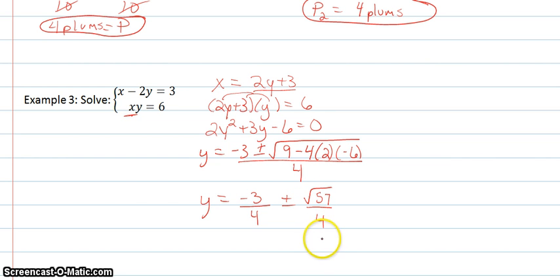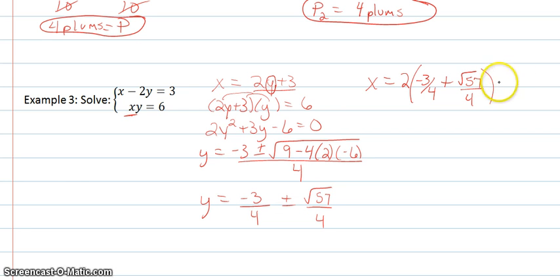And then what we would do is substitute that in for this y. So I have x equals 2 times negative 3/4 plus the square root of 57 over 4. So see, this is actually two answers in one. We've got the positive and negative version of that.